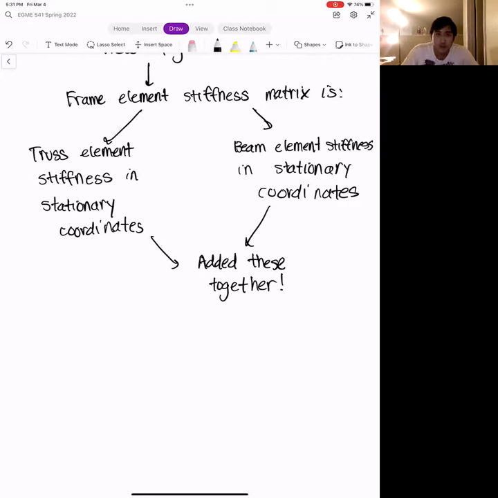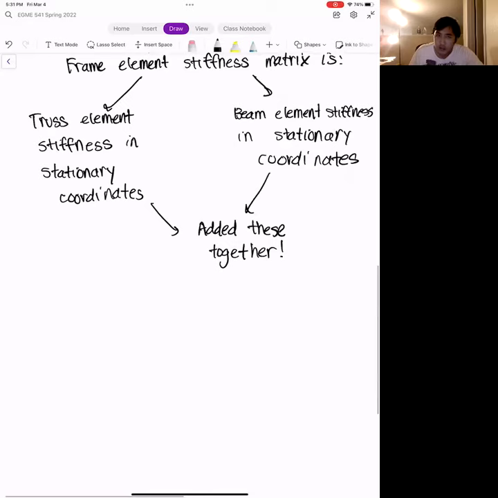Okay, let me show you one example of this, just because I'm not going to write the whole thing, but let me show you kind of the top leftmost element. Okay, and so the top leftmost element is AC squared plus 12I over L squared times S squared. Okay, and so this term right here, because it has the cross-sectional area, remember beams didn't have any term with the cross-sectional area.